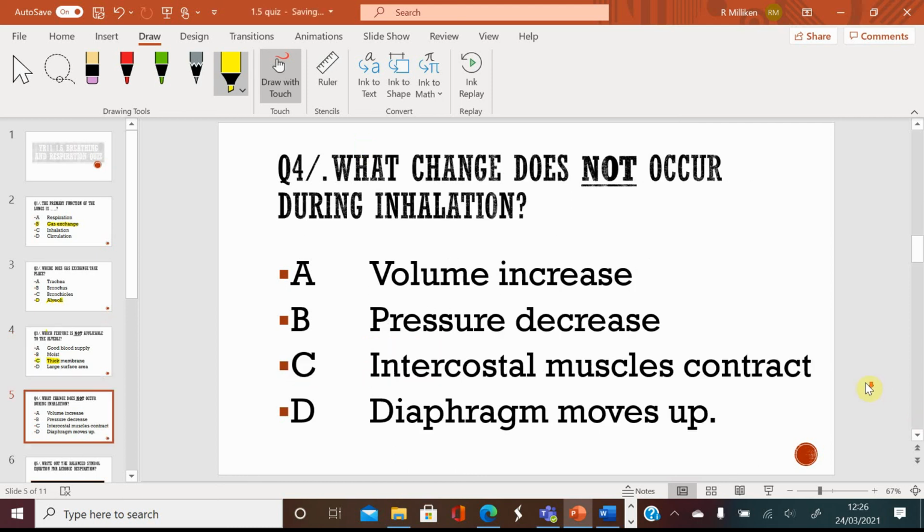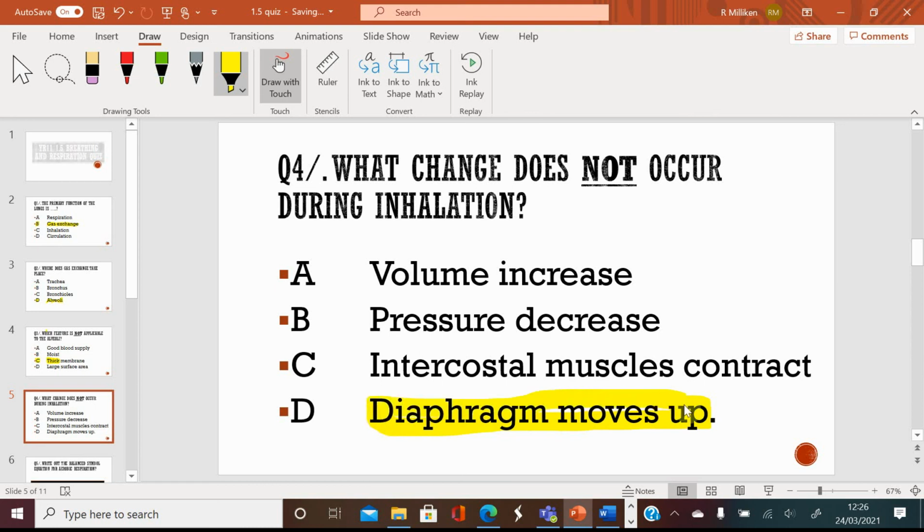What change does not occur during inhalation? Inhalation is breathing in. For that to happen, you need your intercostal muscles to contract. That's the first thing. At the same time, the diaphragm moves not up but down. It's going to go down into your abdomen.